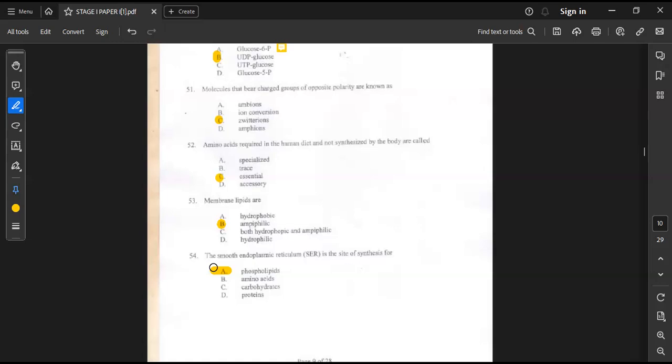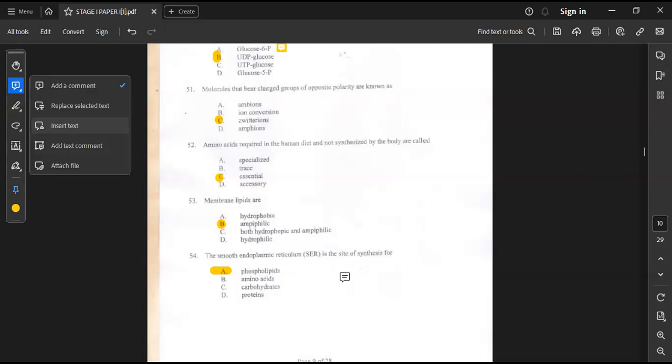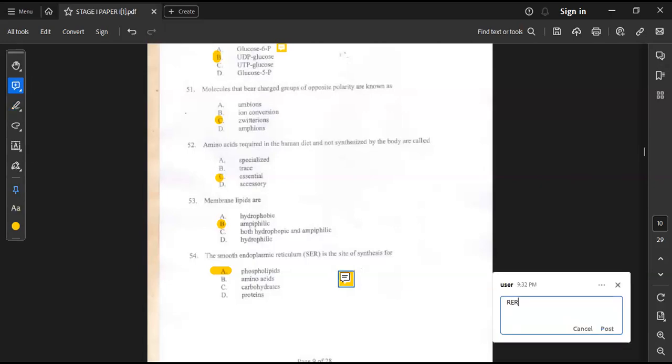For phospholipids, we said smooth endoplasmic reticulum. For proteins, the rough endoplasmic reticulum. For carbohydrates, the cytoplasm? Or is there a specific organelle for carbohydrates?